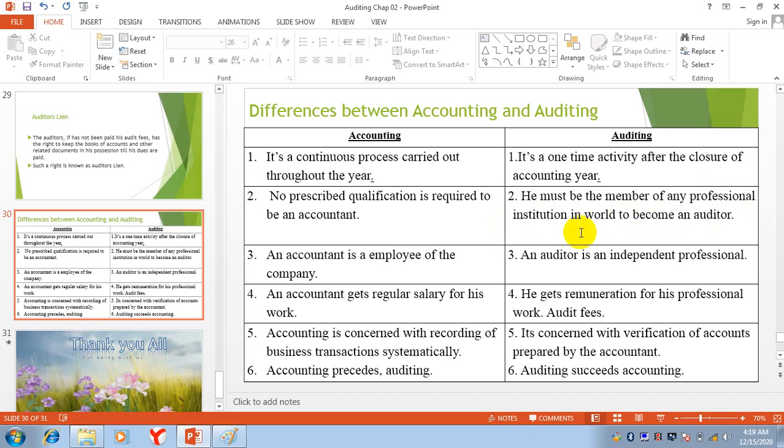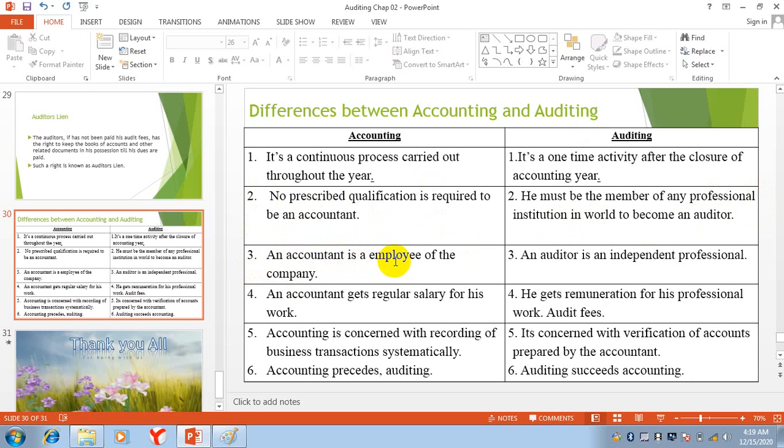These are qualifications. First you will pass these qualifications and fulfill the required experience, then after that you can be an auditor. But for an accountant, there is no certain qualification required.